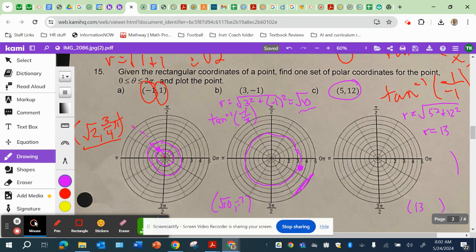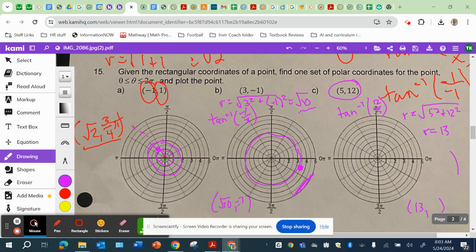And then the inverse tangent of 12 over 5. You've got to put it in your calculator. And you get 1.176.